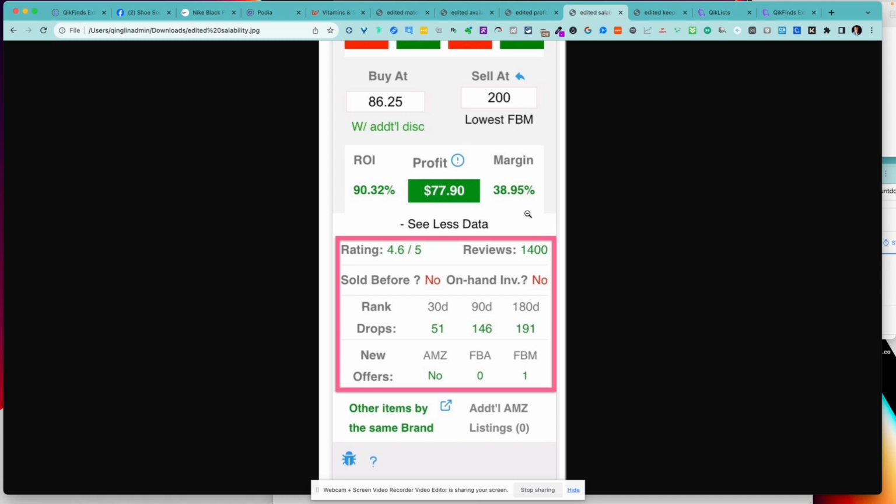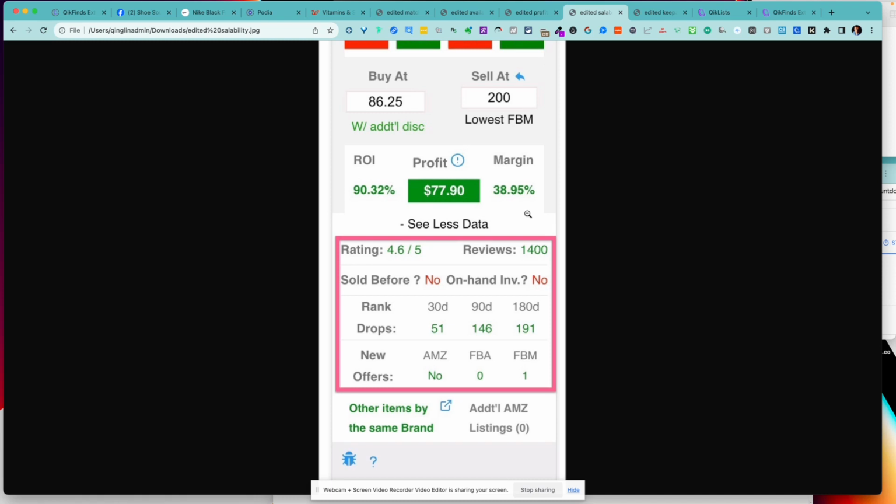Okay, and then the next one will be using Keepa to see, over the previous 30, 90, and 180 days, how many times the sales rank, the BSR, dropped. It's an indication of the sales velocity, right? It's not an exact number because Keepa monitors at different intervals.